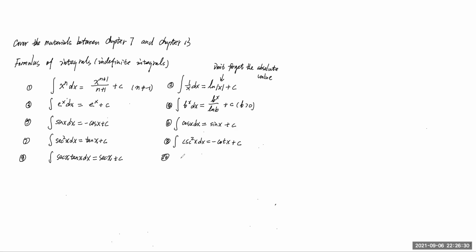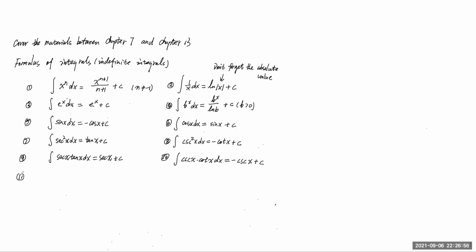Tenth is cosecant x cotangent x. The antiderivative is negative cosecant x plus c. Okay.